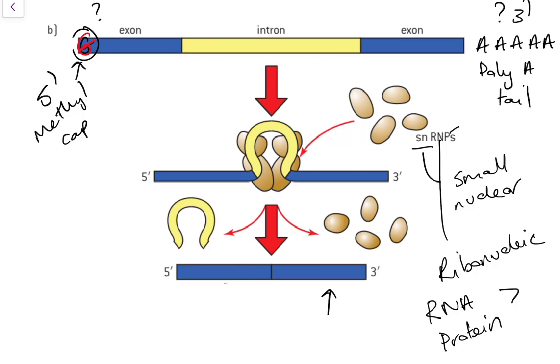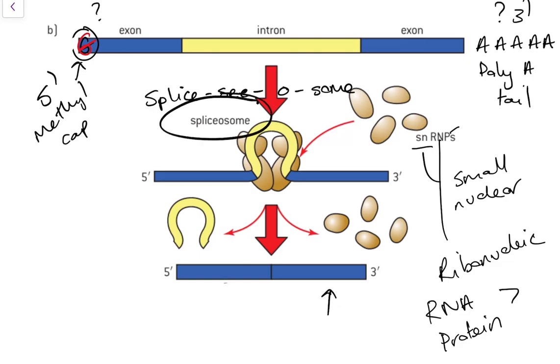And the whole thing is called the spliceosome. The spliceosome is a complex made out of ribonucleic acids and protein. And what it does is it holds the mRNA and it cuts out the introns.